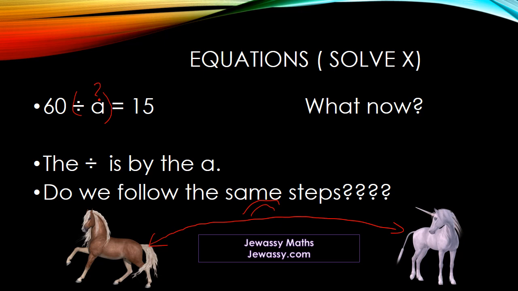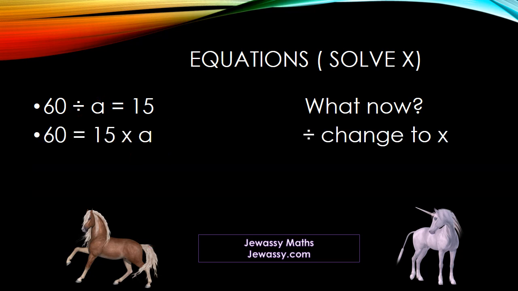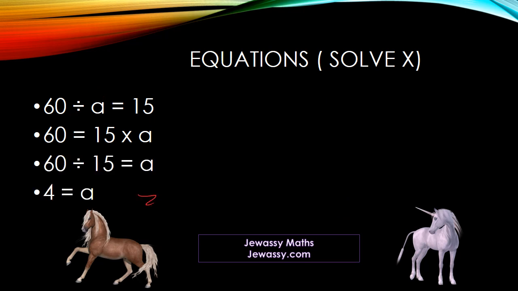So if we bring the a over, it's multiplication. So when the 15 comes over, because it's multiplication, it will change to division.